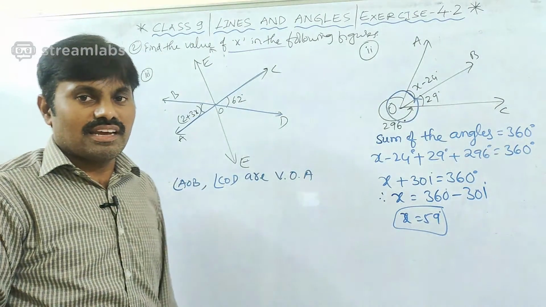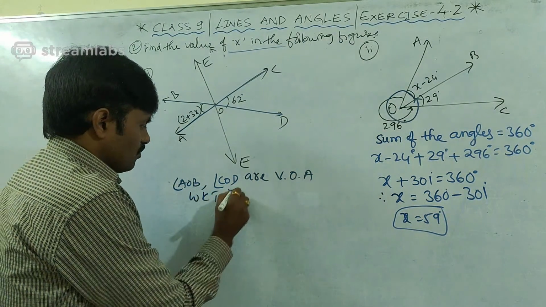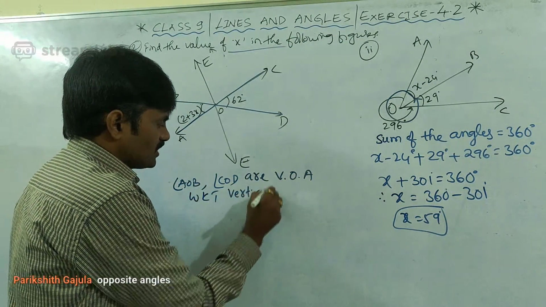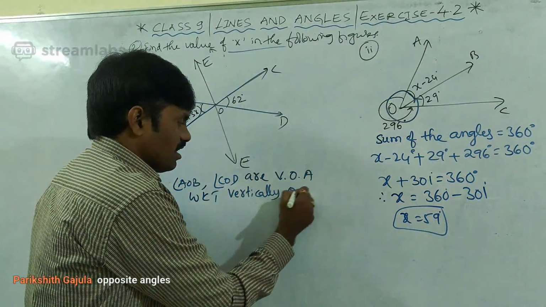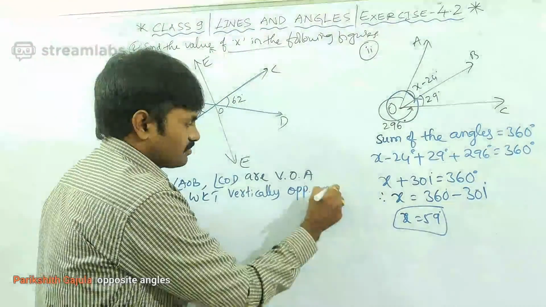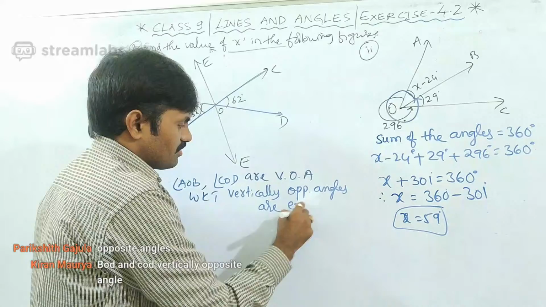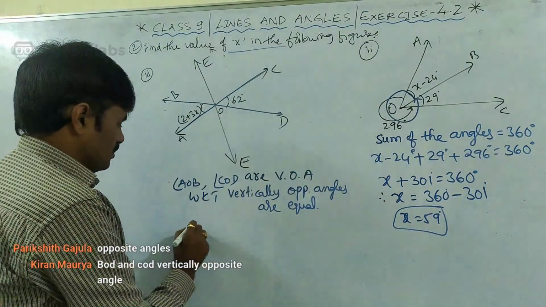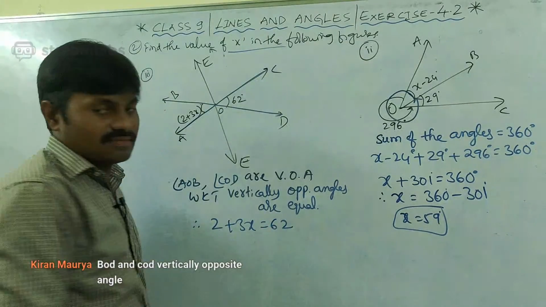We know that vertically opposite angles are equal. So 2 plus 3x degrees is equal to 62 degrees.